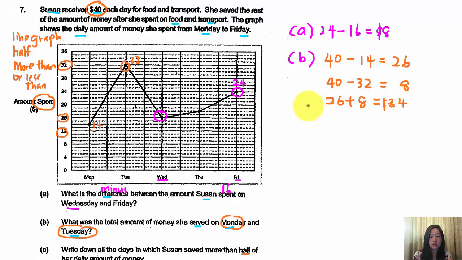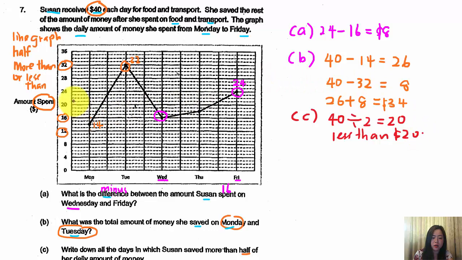Let's now do C. In order to find the days that Susan saved more than half of her daily amount, it means that for $40 divided by 2, it is 20, and so she must have spent less than 20. So to spend less than 20, we have to look at this line over here.